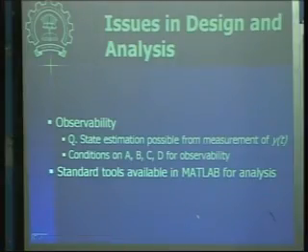Again, there are conditions on the matrices ABCD for observability. And there are several standard tools available in MATLAB for this analysis, either in the linear domain or in the nonlinear domain.